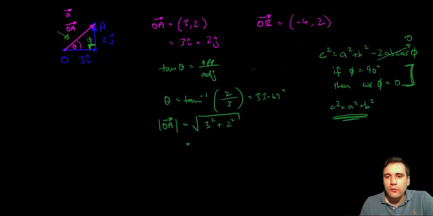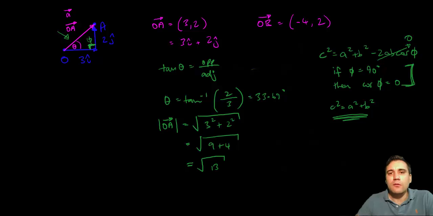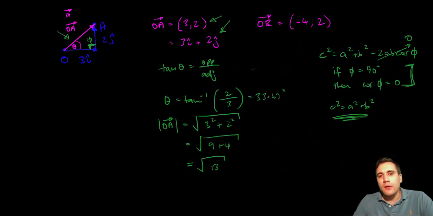Which is going to be equal to the square root of 9 plus 4, equals the square root of 13, and that's it. I won't simplify that further because there's going to be some decimal values, and this is a precise answer. So that's the magnitude of OA. So we do have a magnitude and we do have a direction, and all of that information is contained in these forms here.